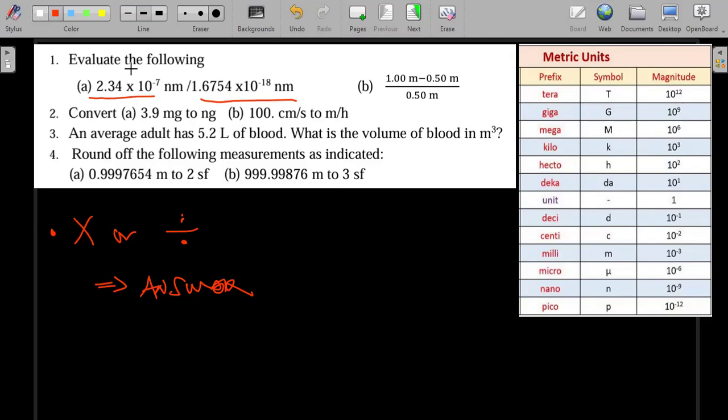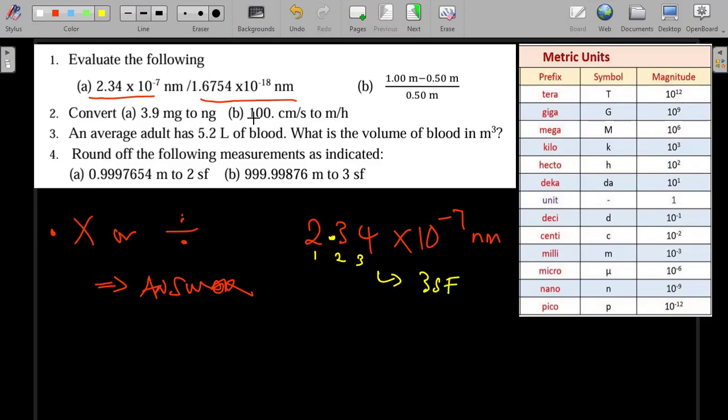So you can see this number here, 2.34 times 10 to the power minus 7 nanometers. How many significant figures does it have? All the digits here are non-zero, so it has 1, 2, 3. There are three significant figures here.